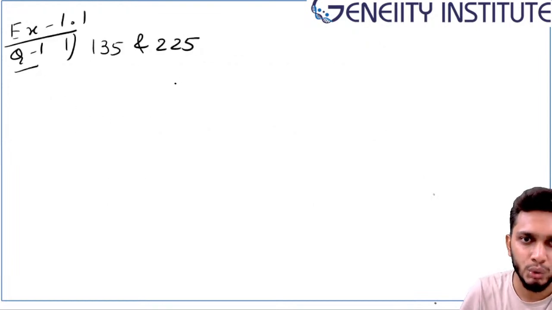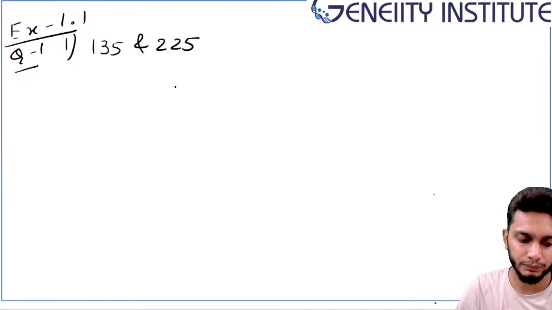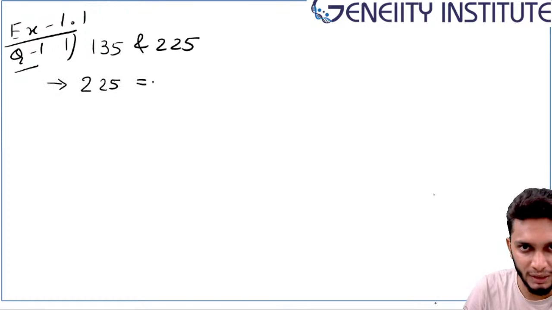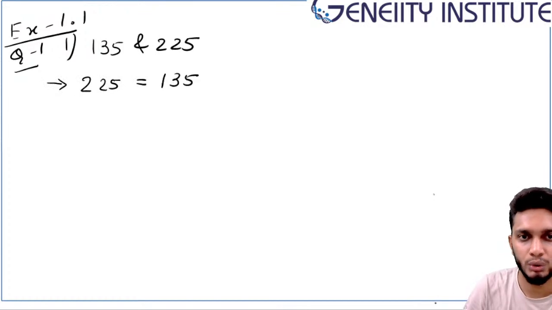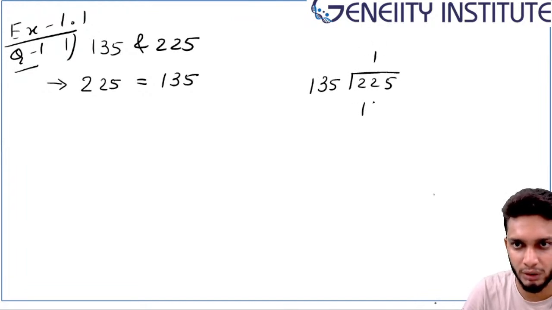So now we divide 225 by 135. 135 ones are 135.